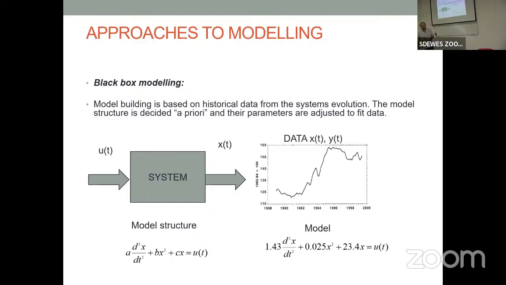So the main source of knowledge in the black box model is the data we have. It is not so relevant what are the physical laws that govern this process. The attention is just on the data.